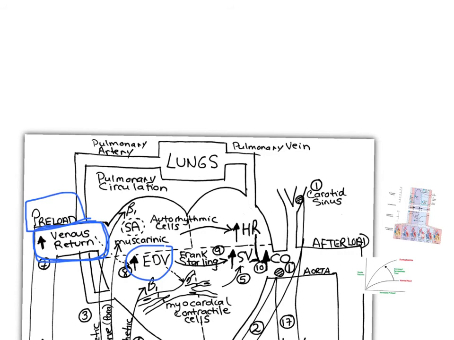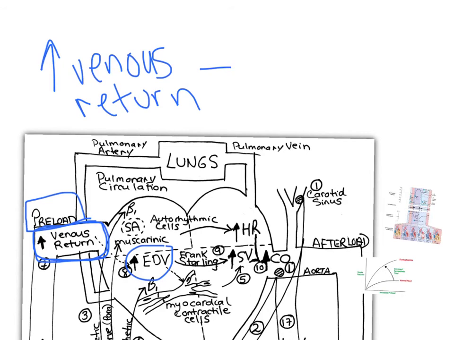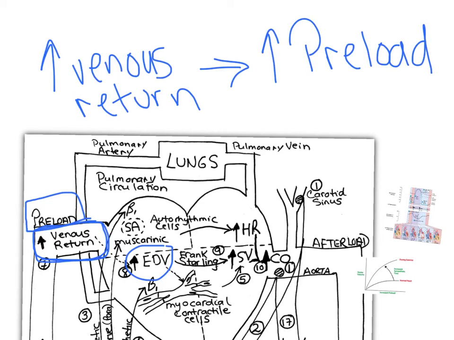So if we increase venous return, we are increasing the amount of blood returning to the heart during one cardiac cycle. So if we increase the venous return, what we're going to do is increase the preload. Remembering, the preload is the amount of ventricular filling before contraction, and if we increase that, we are then going to increase the end diastolic volume.